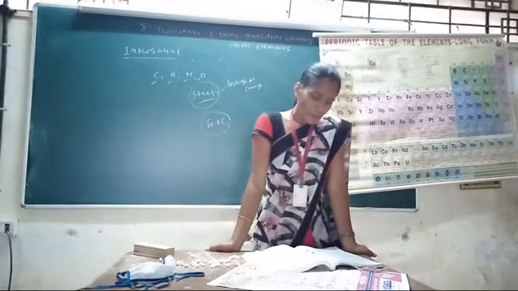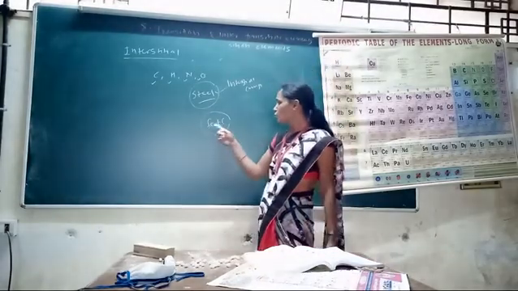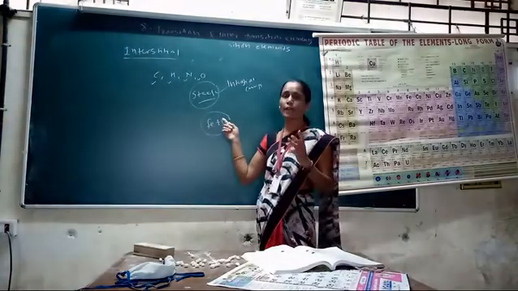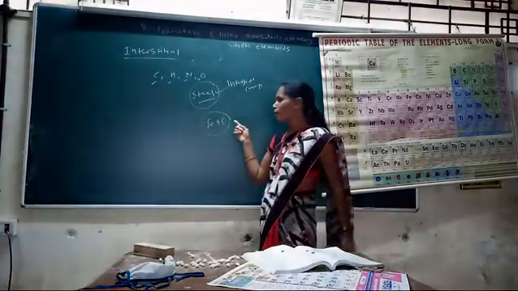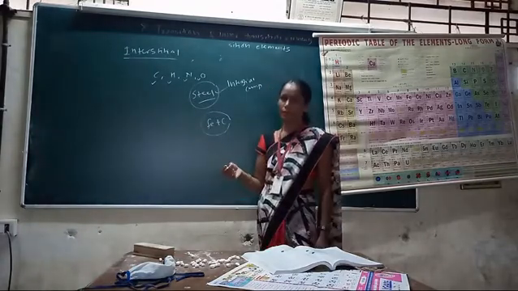Again, after addition of carbon to the iron, it produces three types of iron: cast iron, wrought iron and pig iron.